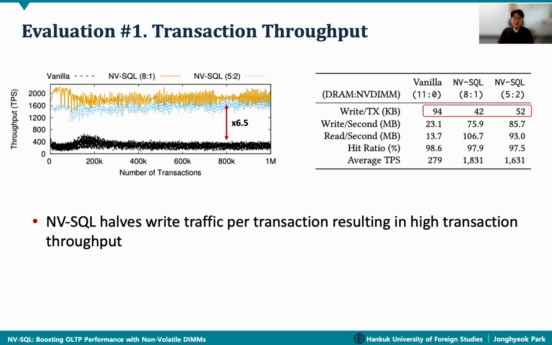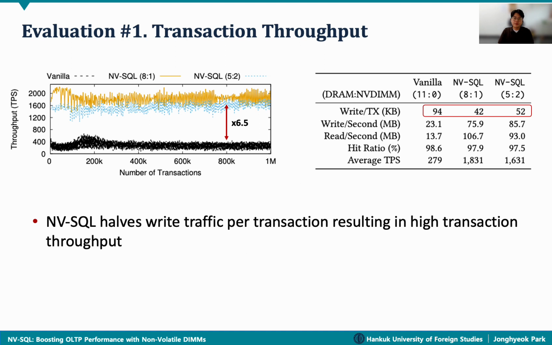As MVC-curl has less write traffic per transaction, the flash storage can process more read operations. This translates to a boost in transaction throughput performance. We also observed that the write cost in MVC-curl is more performance critical than sacrificing the hit ratio.